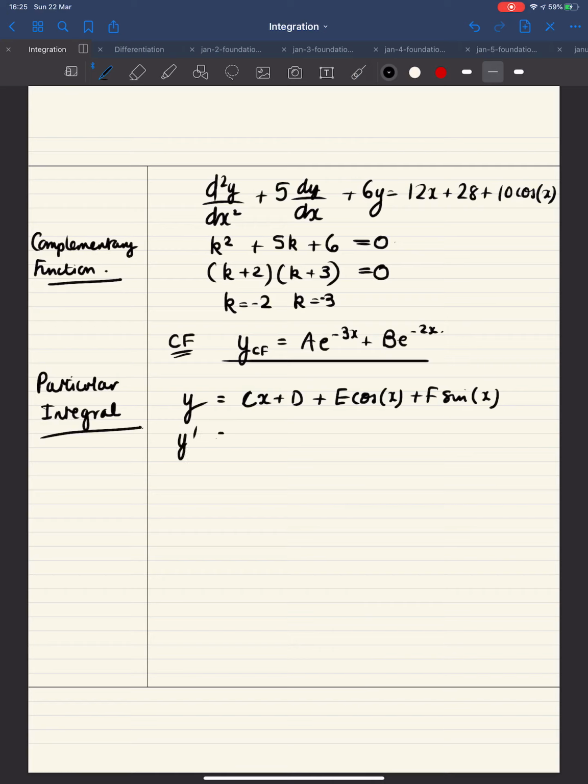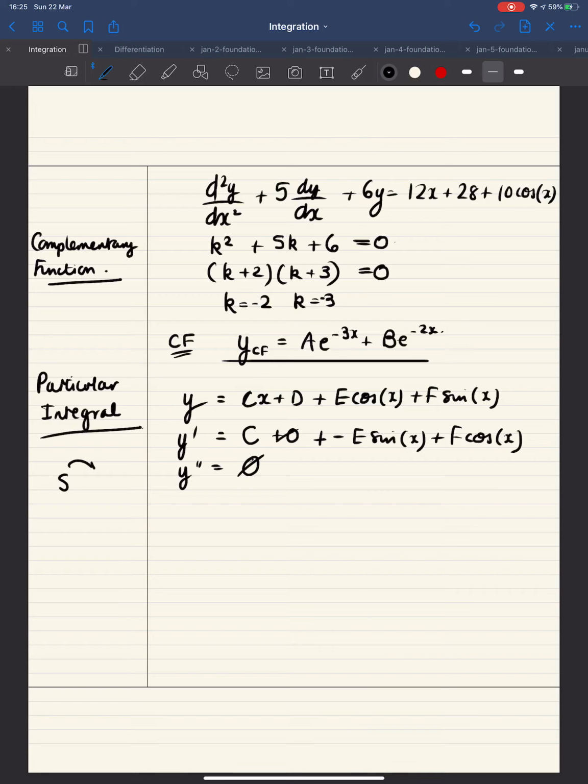So I need y dashed next, so that's going to be c. Cosine differentiates to minus sine, and sine differentiates to cosine. And we need the second derivative as well to go in there. Y double dashed, well, that's 0 at that point. That one's a 0 there, so I don't need to write them down.